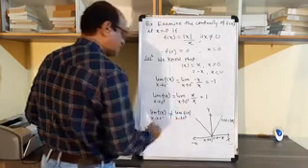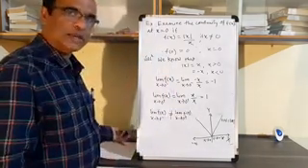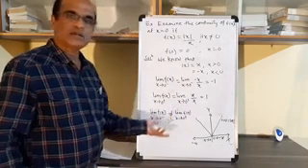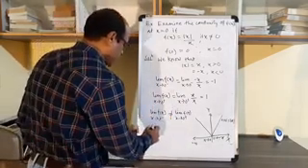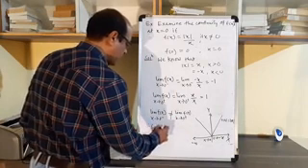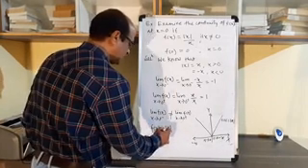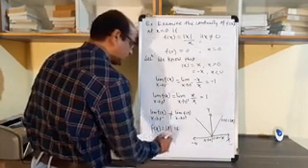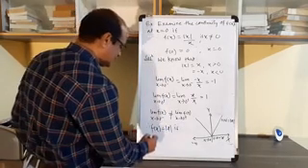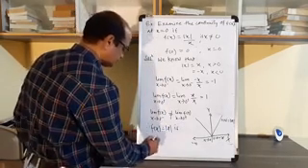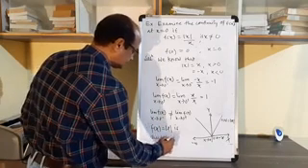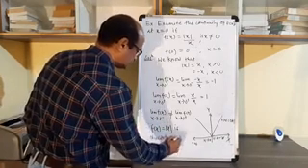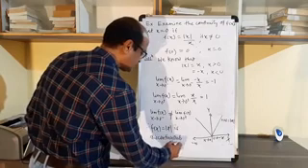Both limits are not equal, therefore the given function f(x) is equal to mod x is not continuous. Not continuous means it is discontinuous at x is equal to 0.